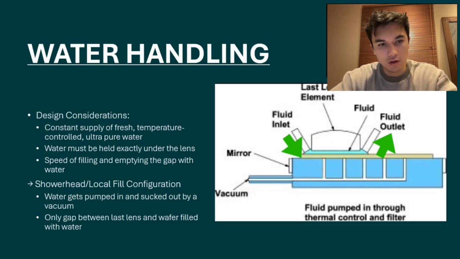The industry decided on a showerhead configuration, which means you pump in water and suck it out with a vacuum, and the water is only on top of the wafer, and the wafer is not surrounded by water, because that brings other challenges.